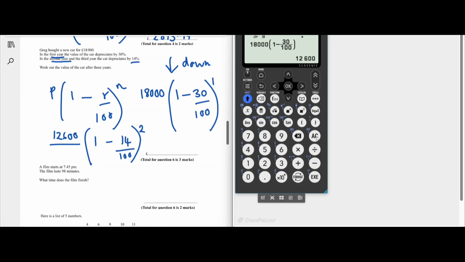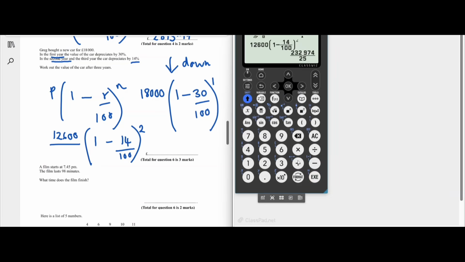So then I type that into my calculator. 12,600. And then I'm going to do 1 minus 14 over 100. Close, right arrow, close brackets, to the power of 2, so I can use the squared button, and then I press equals, and that is my answer.